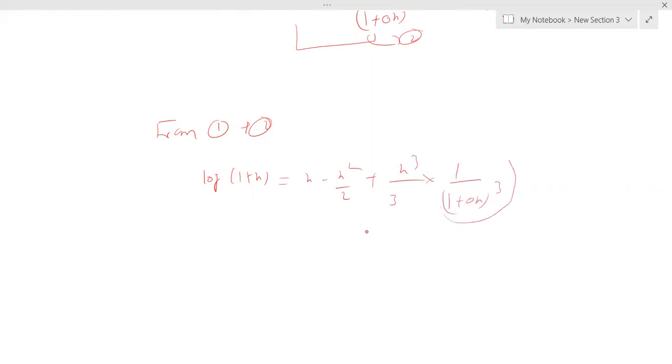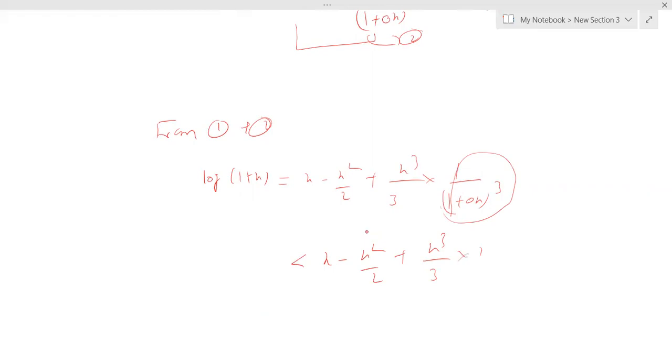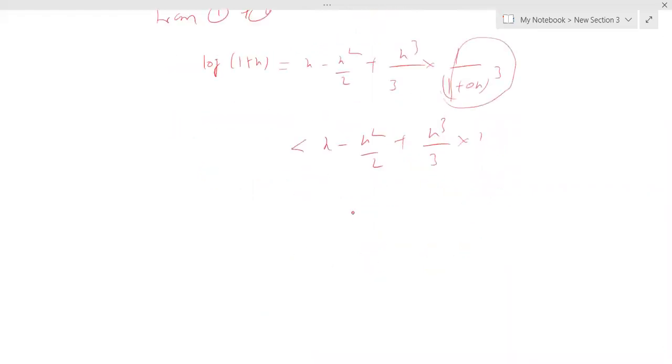But this value is less than 1. That means this is less than x minus x square by 2 plus x cube by 3 into 1. Because this term is less than 1, the total value is also less than. That is, log of 1 plus x less than x minus x square by 2 plus x cube by 3. This is the answer.